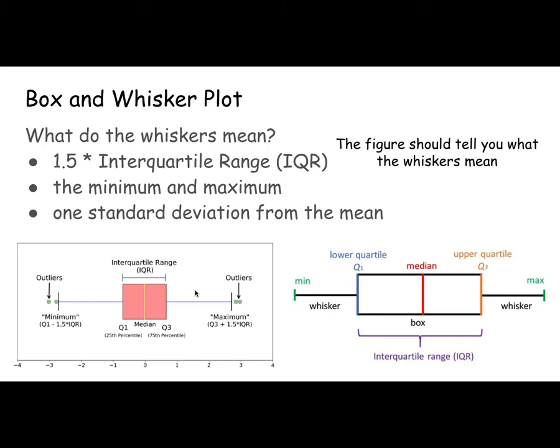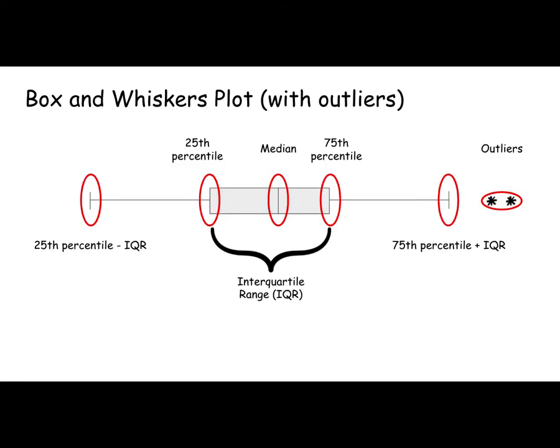Any of those are possible values that the whiskers can represent. The figure itself should tell you what it means. If you see a box and whiskers plot with outliers, then the most likely is that it's going to be the 75th percentile plus the interquartile range.